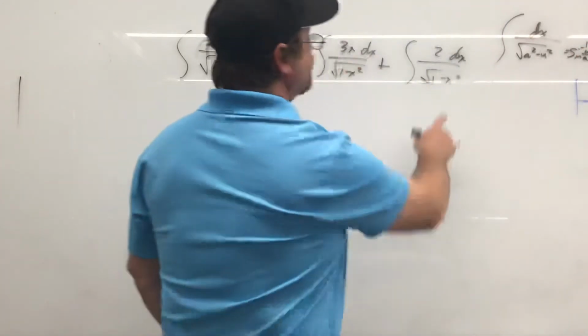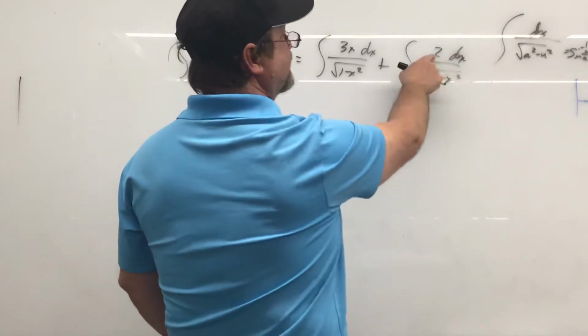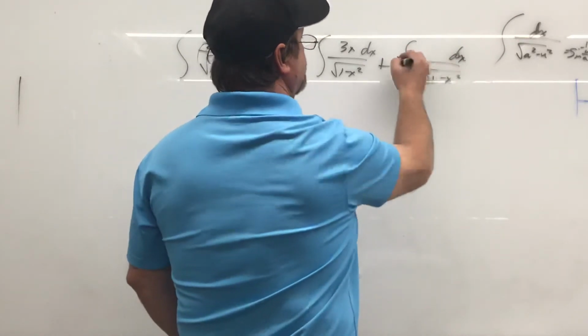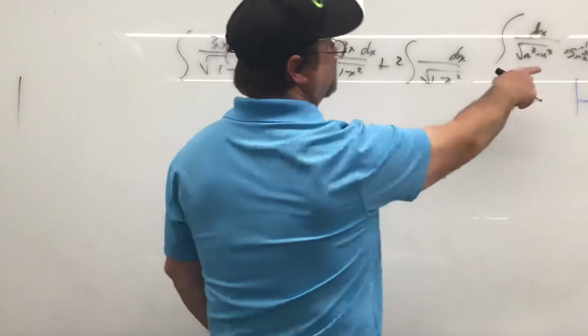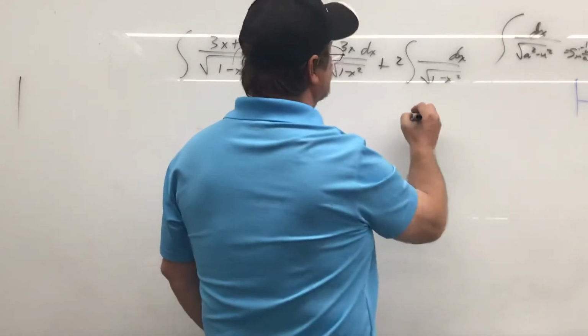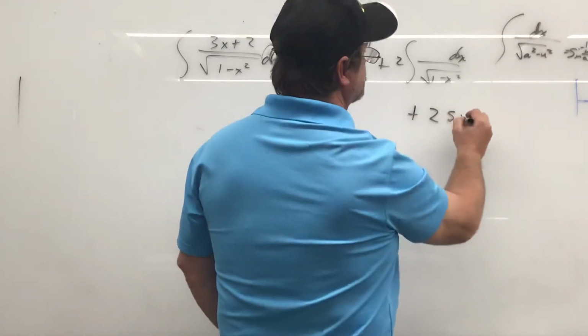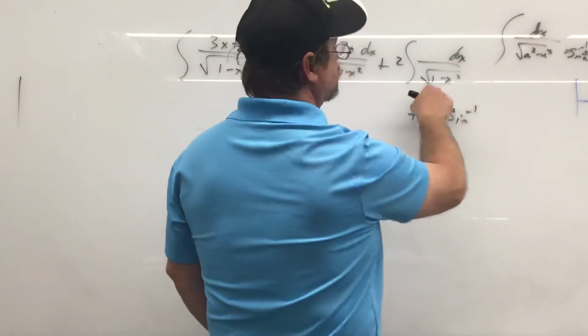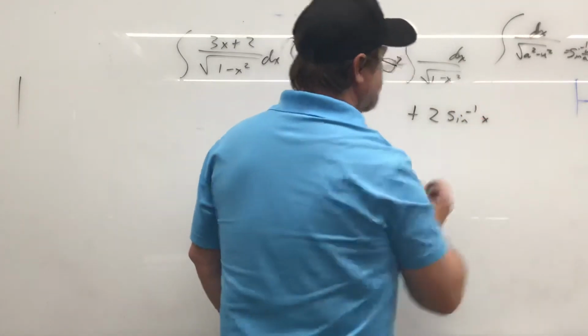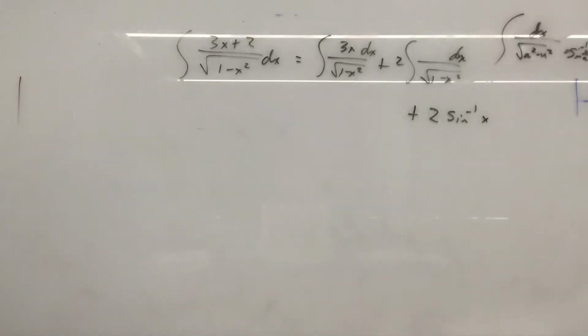And so u here is just x. I've got this extra 2, but the 2 I can pull outside anyway. And I say then this is precisely that form. This second term is going to become 2 times the inverse sine of x over 1, which is just inverse sine of x. The first one is a little bit more tricky.